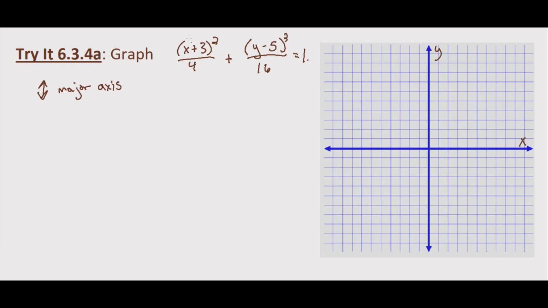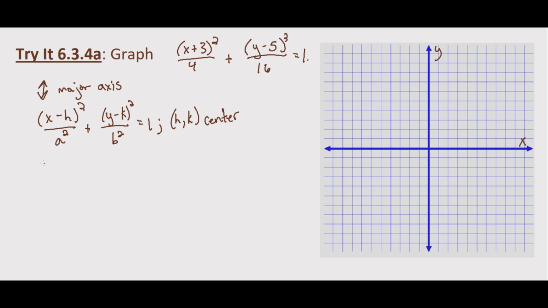Now, where is our center? Well, we're looking at the form x minus h squared over a squared plus y minus k squared over b squared equals 1, where (h, k) is the center. So in this case, x minus h, that's x plus 3, is x minus negative 3.